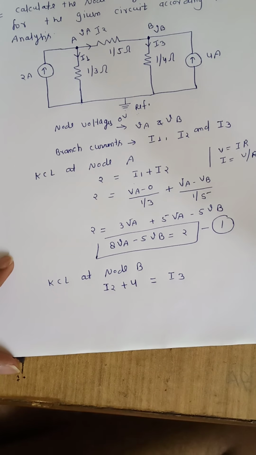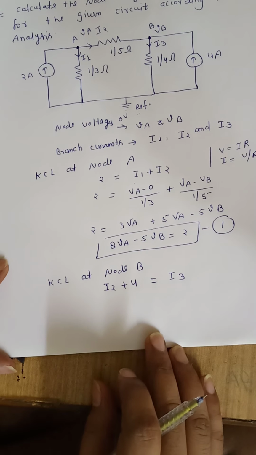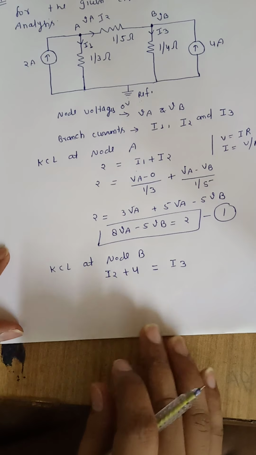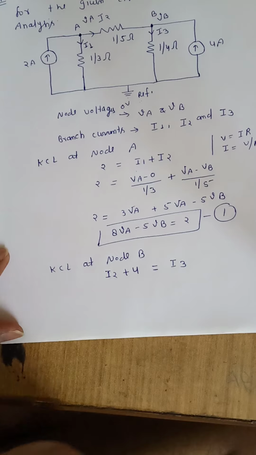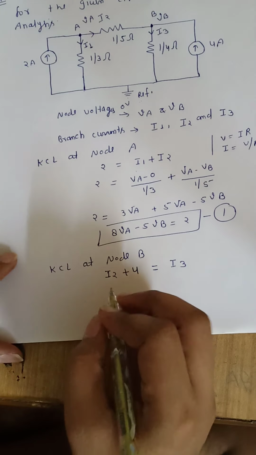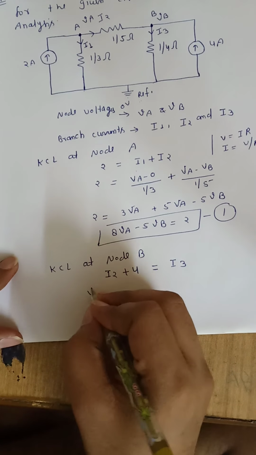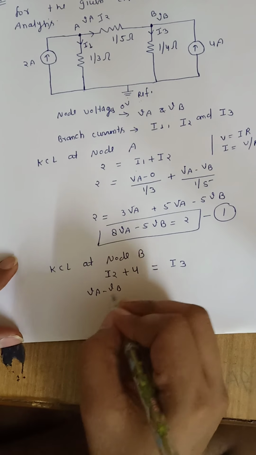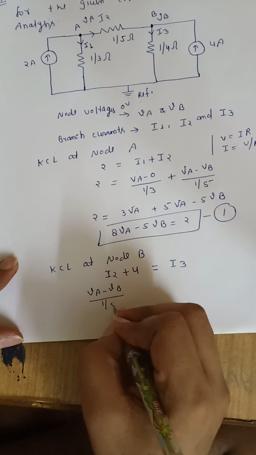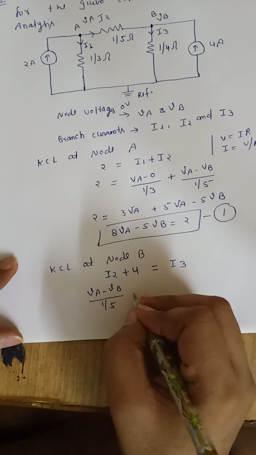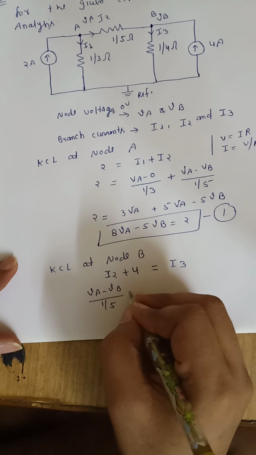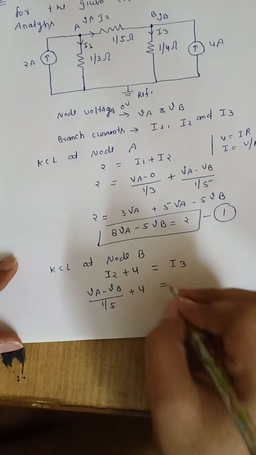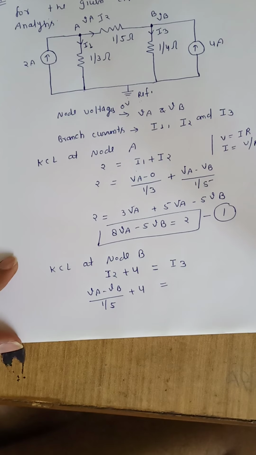Now let us put the value of I2. Already we have seen I2 is VA minus VB divided by 1/5, plus 4 equal to I3. I3 is the current in the 1/4 ohm resistor.